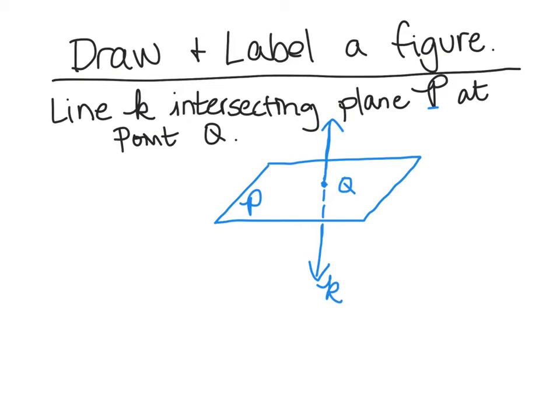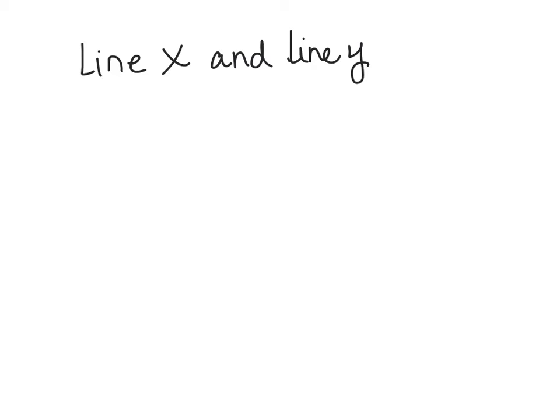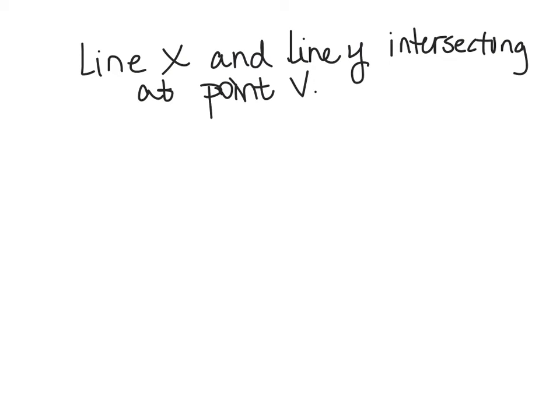Okay, so let's look at the next one. Let's draw line X and line Y intersecting at point V. So we're going to draw one line, call it X. Remember, if you're not naming a line by its points, you use lowercase italicized letters.